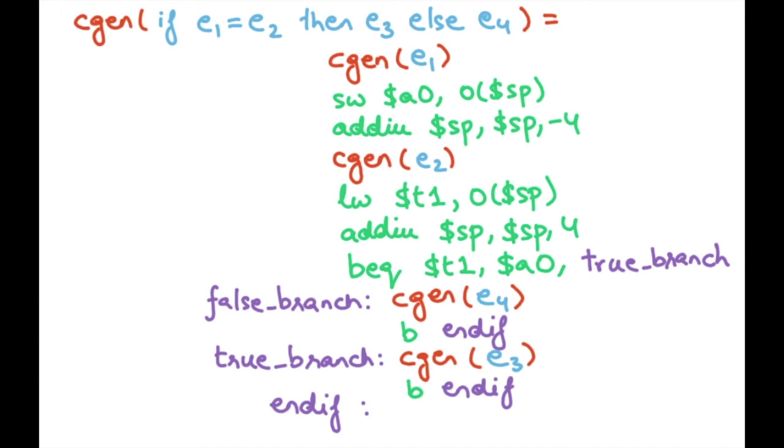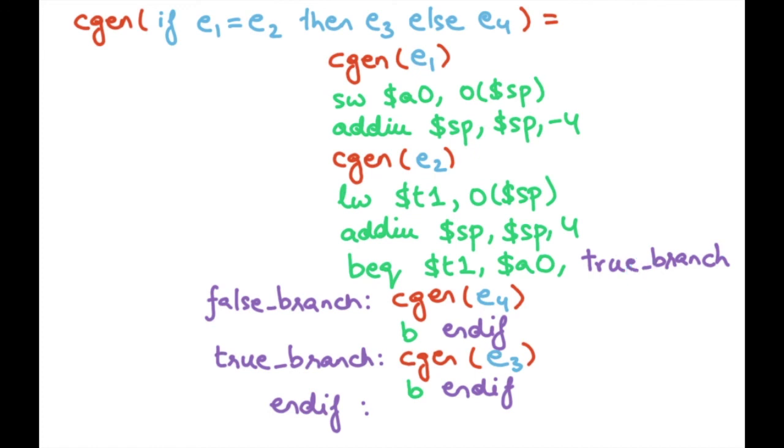This is the complete picture in a single slide. Cgen of if E1 equals E2, then E3 else E4 involves first cgen E1, save the result of E1 by pushing it to the stack, then generate the code for E2, load the saved result of E1 into T1, release the space in the stack by popping off the top word, and check whether T1 is equal to the result of E2, which is in A0.